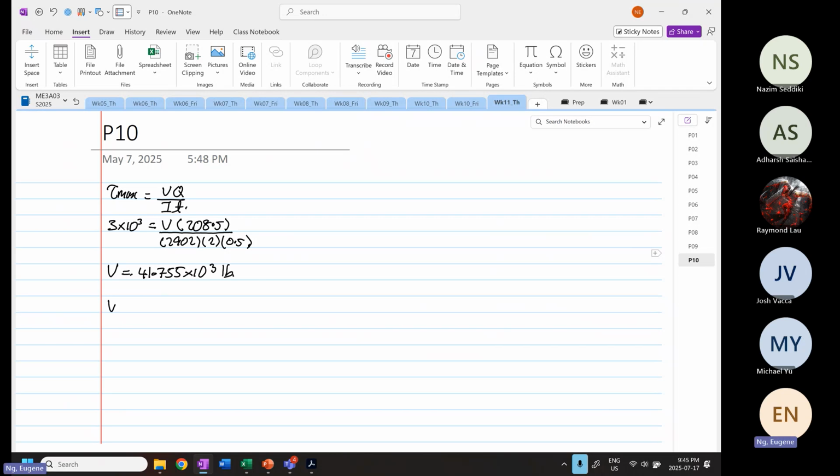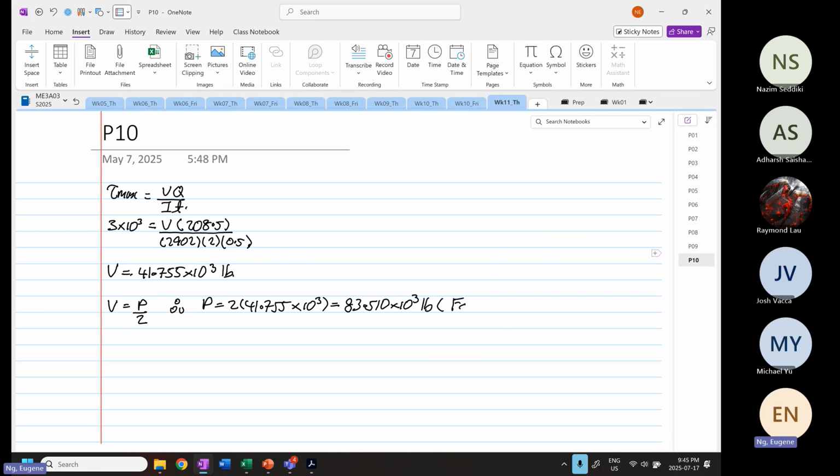So we know that V is equal to P over 2. Therefore, P is equal to twice 41.755 times 10 to the power 3, is equal to 83.510 times 10 to the power 3 pounds.